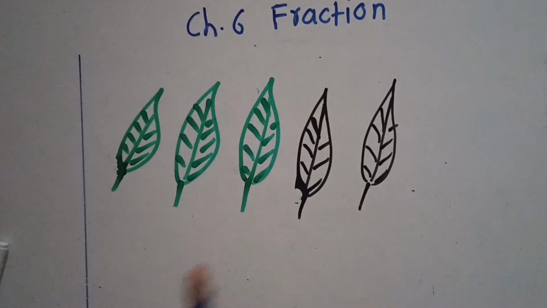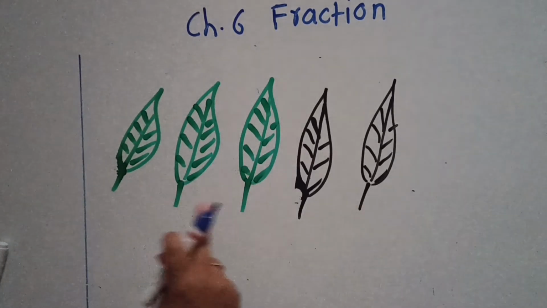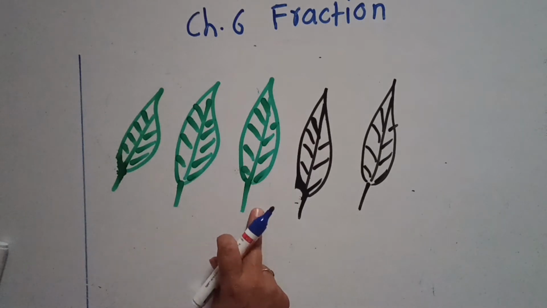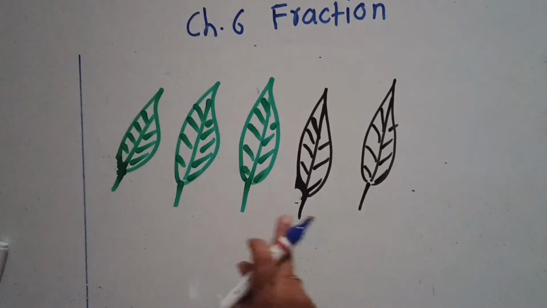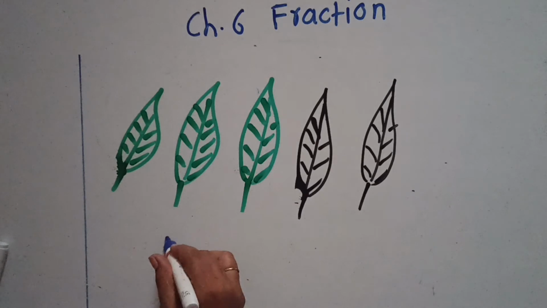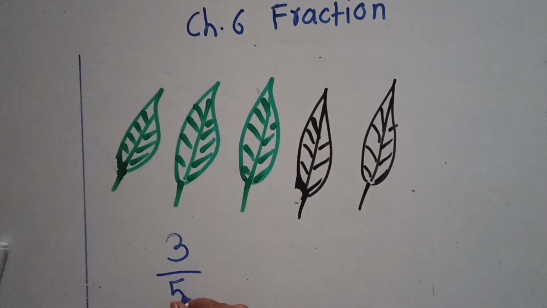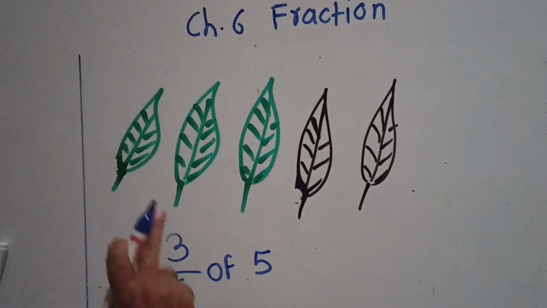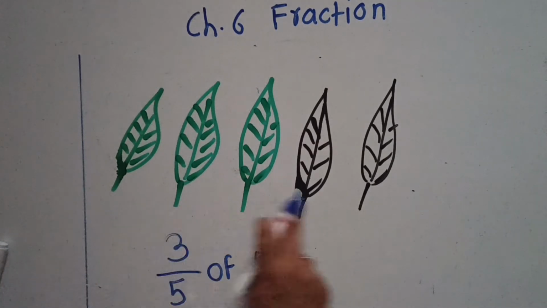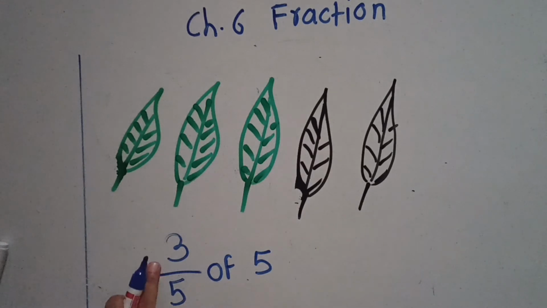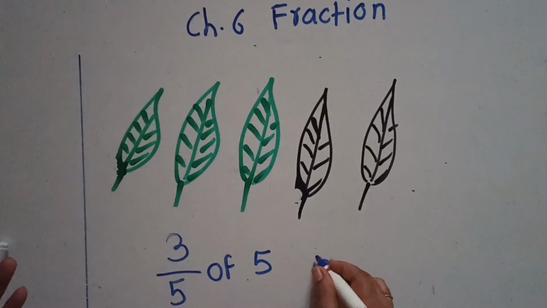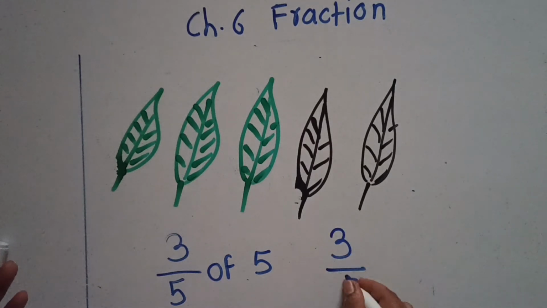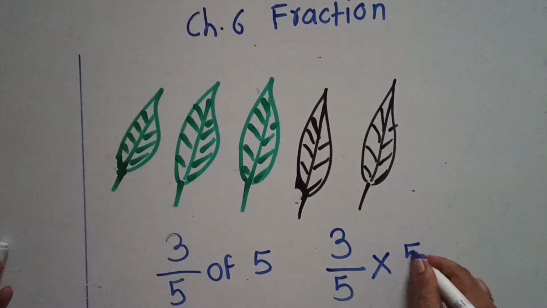Now here in this example, 3 leaves are green. So 3/5 of 5. 3/5 of 5 means the total number of leaves is 5, and 3/5 of means multiply by 5.